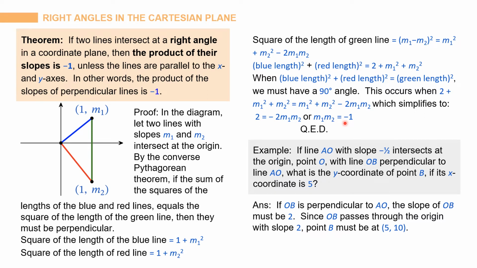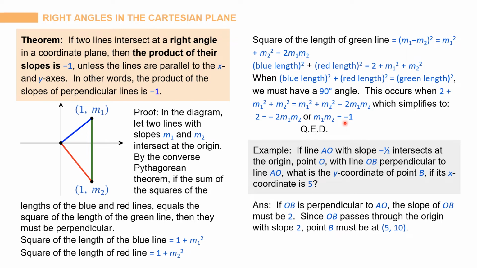Well, how do we calculate the answer? If line OB is orthogonal to line OA, and they told us that the slope of AO was -1/2, we know the product of the slopes of perpendicular lines is -1. The slope of line OB must be 2.